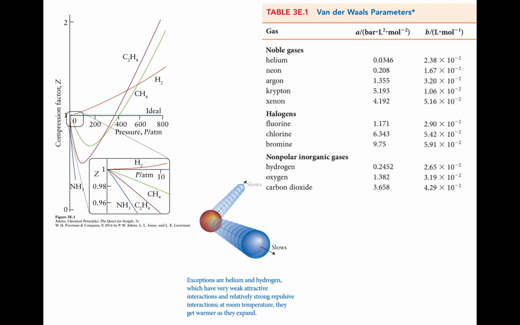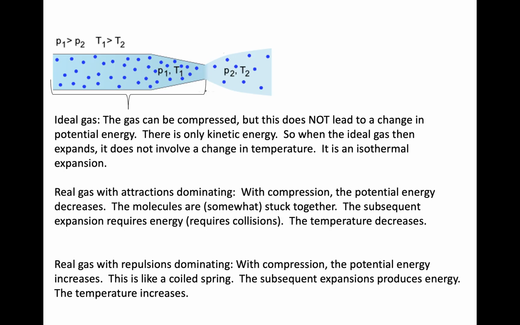In this case, and we've seen this when we're looking at its compressibility, if we're taking this one and we're actually having that region where we're compressing them and getting them closer together, we're actually increasing the potential energy because the repulsions are what are dominating in that region. Within this region, for something like helium or H2, if you have repulsions dominating, when you compress them there, the potential energy is actually going up.